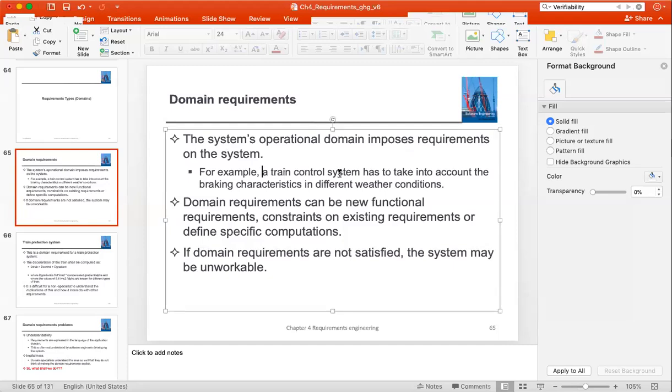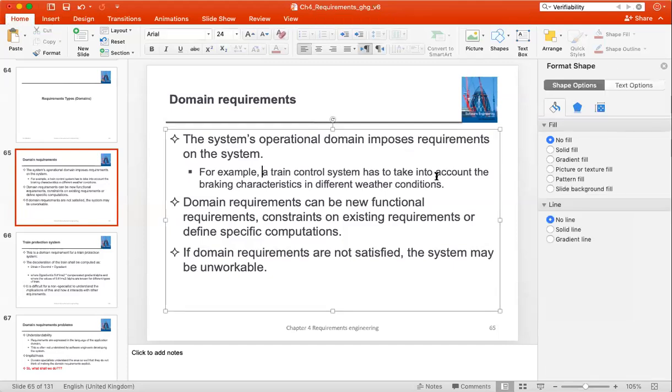So a train control system has to take account of the braking characteristics under different weather conditions, particularly if it's going to control the train operation, and maybe things about the signaling procedures.